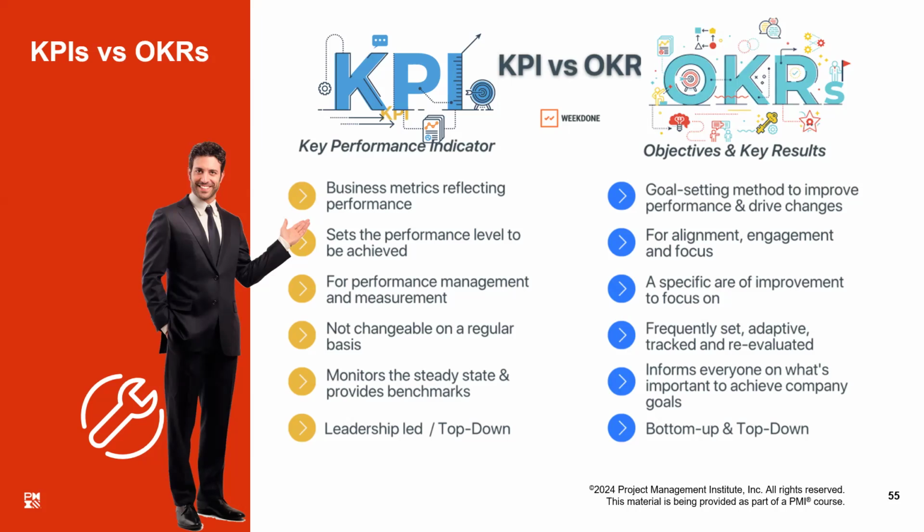Keep everyone focused on the ultimate objective. KPIs are again for performance management and measurement, whereas OKRs are a specific area of improvement to focus on. Improvement of performance is just one direction. It also contributes towards driving the change, to engage, to align.